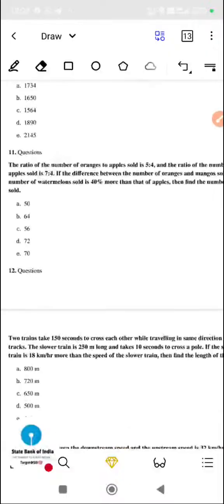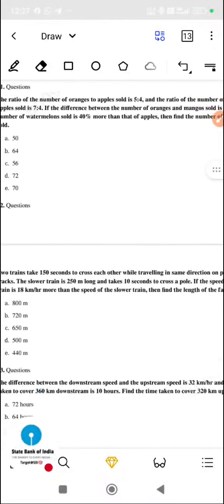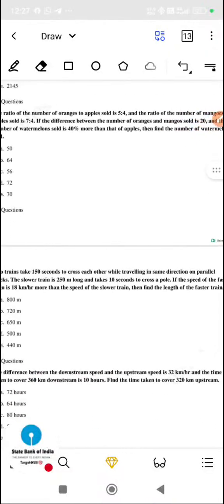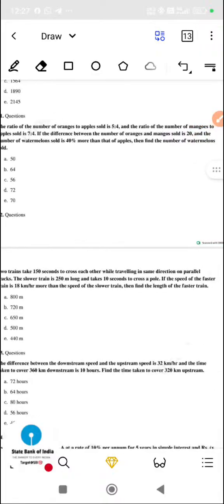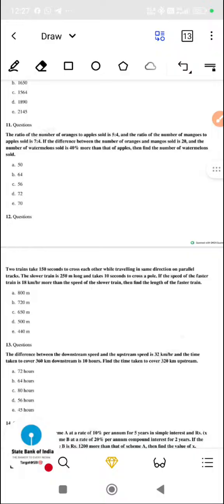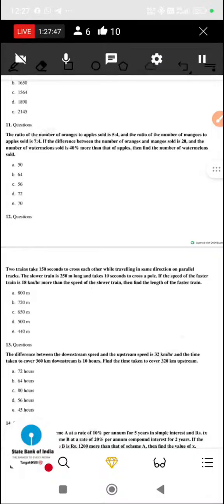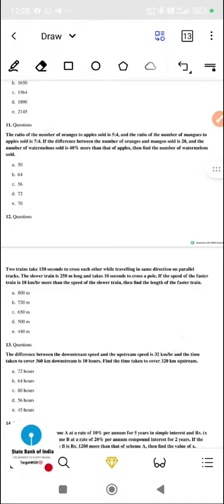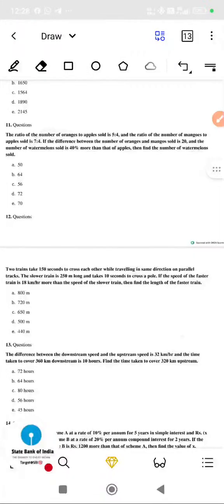Here we see the 11th question. The ratio of the number of oranges to the apples sold is 5:4. Let me adjust it. Okay, is it visible or not? Here the oranges to apples are in the ratio of 5:4.